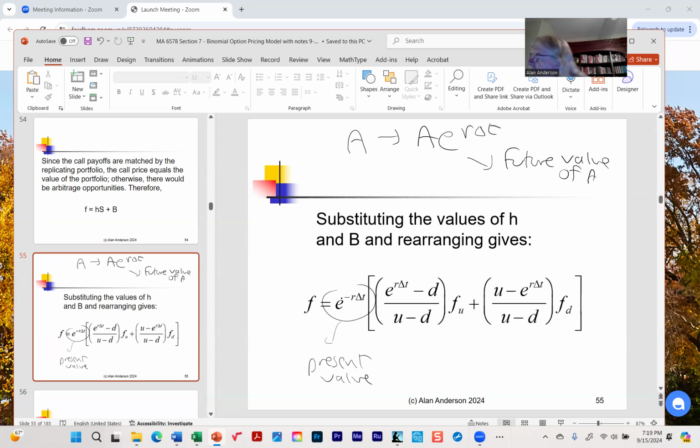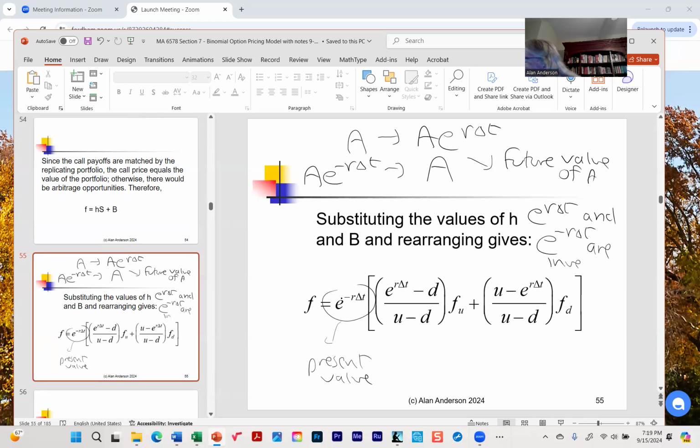If A is being received in the future, it means this would be A e to the minus r delta t, because these two are inverses of each other. So this term would be known as the present value of A. And so that's the significance here.